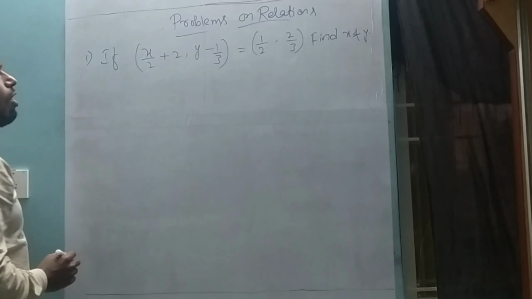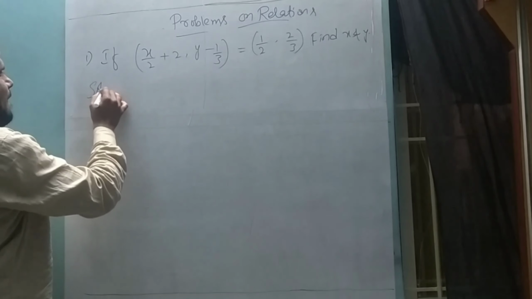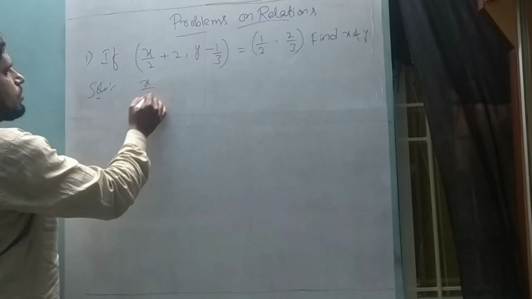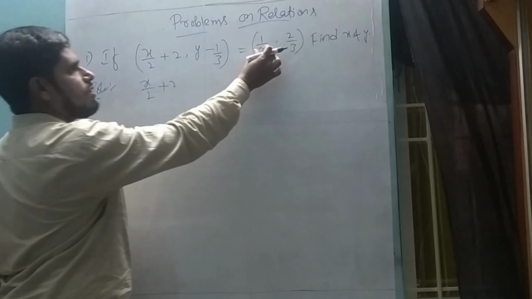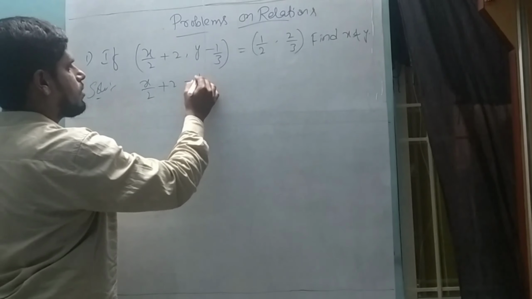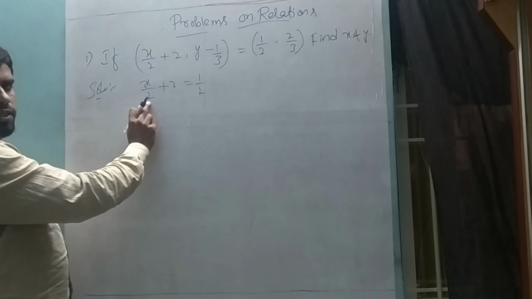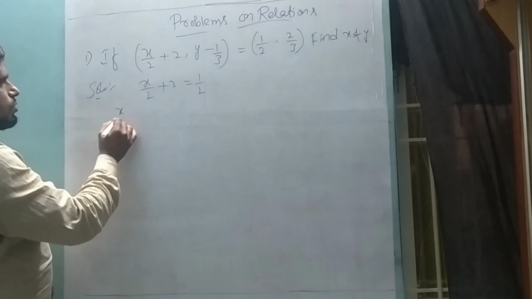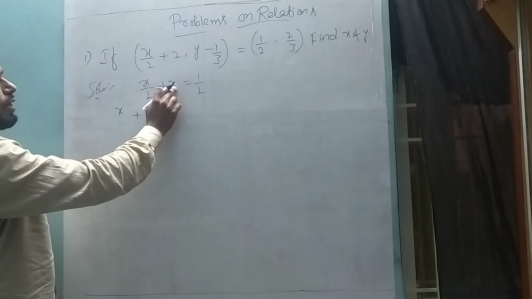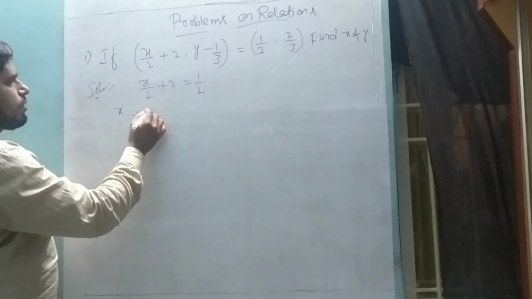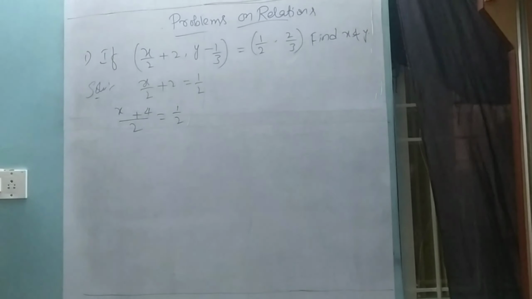The domain is the first element, so x/2 + 2 must equal 1/2. Here we must take the LCM because there is a denominator. The LCM is 2, so we get (x + 4)/2, and 1/2 as it is.